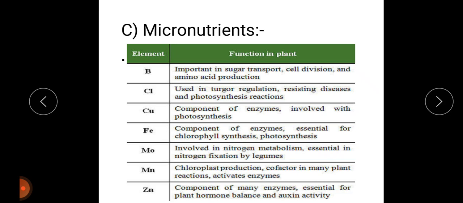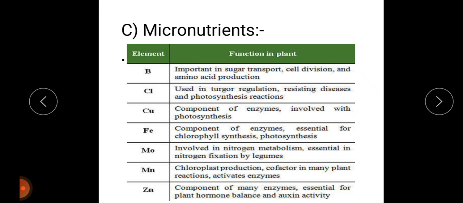Then after chlorine, copper. Copper is also a very important plant nutrient, a component of enzymes involved with photosynthesis, which is very important. It is also involved in carbon metabolism and is a constituent of several enzymes.